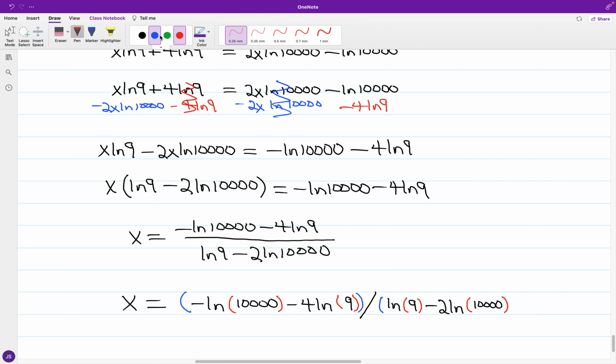I'm closing out for 10,000, and with the blue, this is indicating that I'm closing out for the denominator.